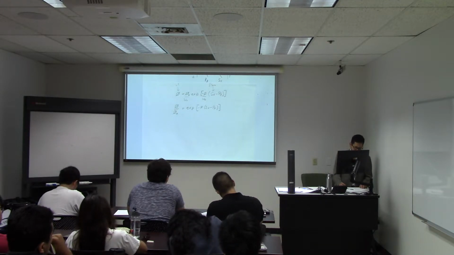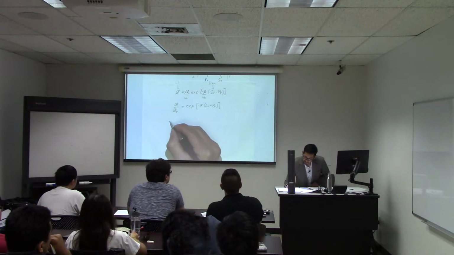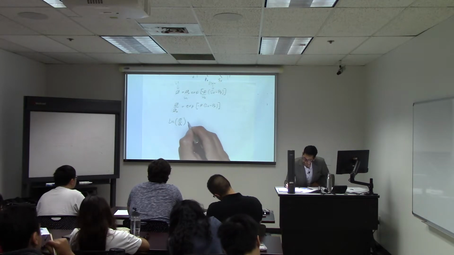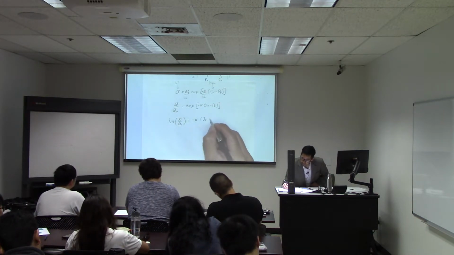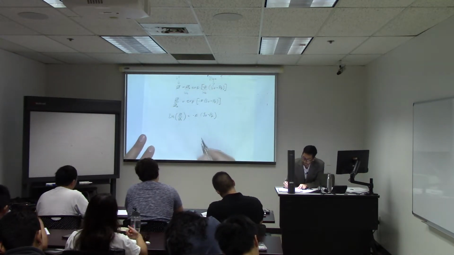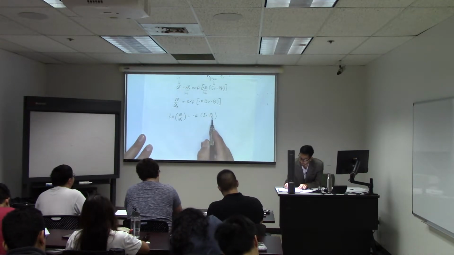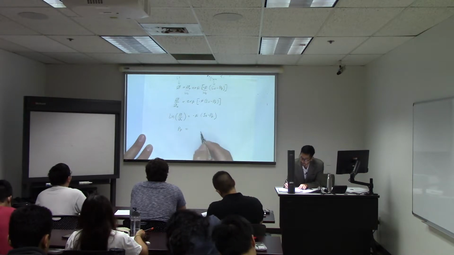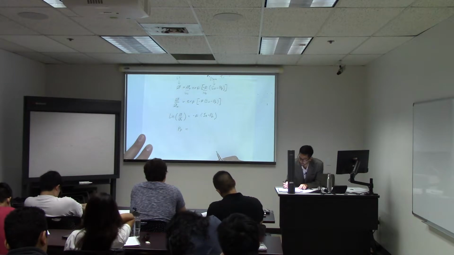Which one? Natural log, right? So ln of this is going to be that. And now, let's see. We have the PP here. So the PP, we can pass it to the other side. And I'm going to have to divide by beta.